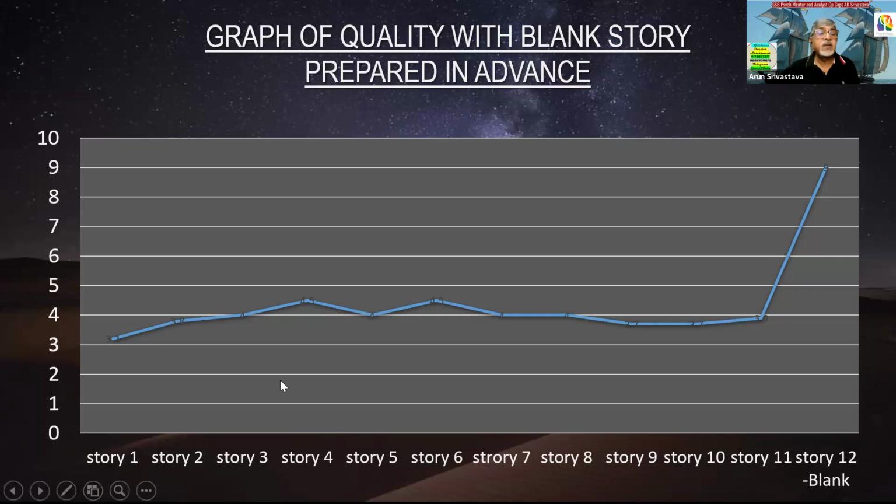So here you see from story number 1 to story number 11, it is operating between 2 points. Look at the graph. But if you have gone with the rehearsed, pre-prepared story, this story stands out in terms of quality vis-a-vis the others, because it's the rehearsed one. Suddenly there's a spurt, an elevation in the quality.